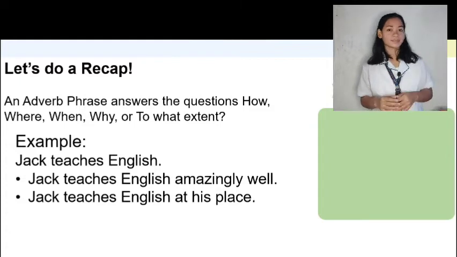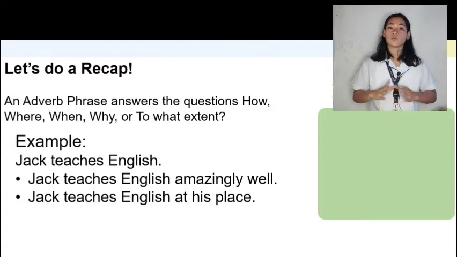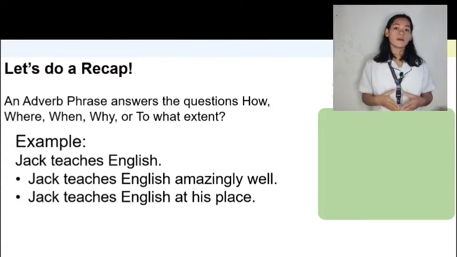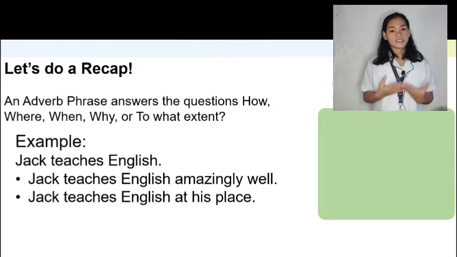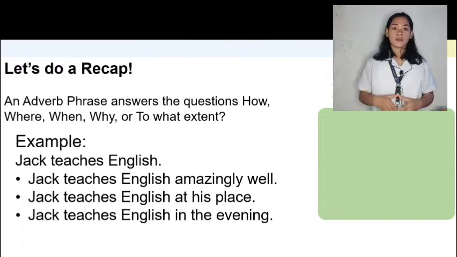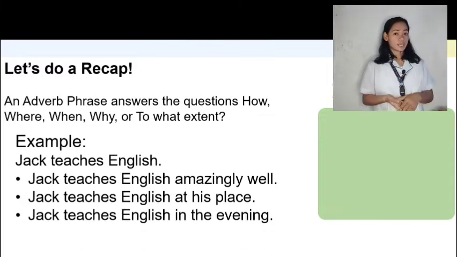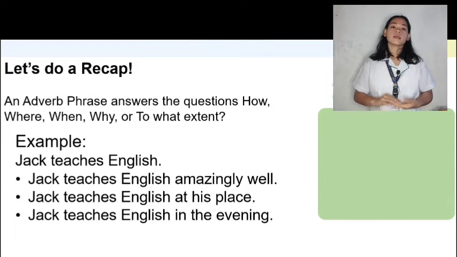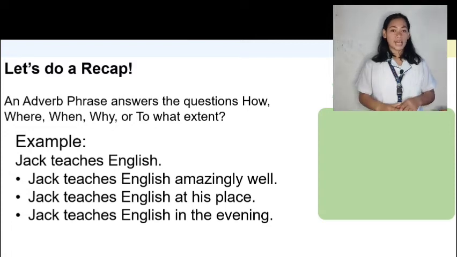Also, if I wanted to talk about the time when Jack teaches English using an adverb phrase, I'll say Jack teaches English in the evening. In the evening is the adverb phrase because it gives information about when Jack will teach English.